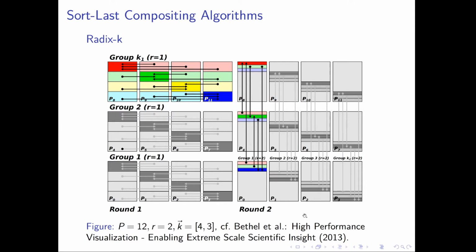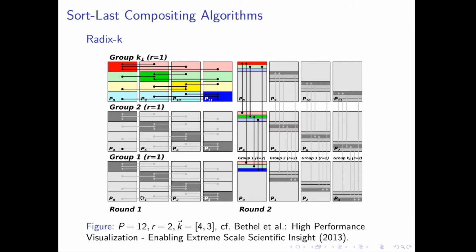Here in the example, we have a factorization of 12 processors into 2 rounds. We're given P equals 12, and we also decided on an algorithm with 2 rounds, and that gives us this factorization here. In the first round, we would therefore have a communication group of size 4, and that leaves us with 3 communication groups on the first round.